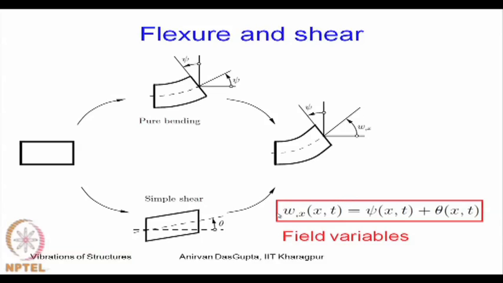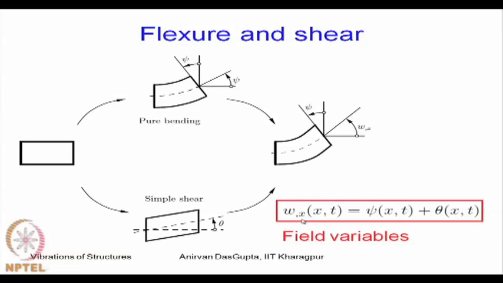So, we are representing the slope of the neutral fiber in terms of this flexure angle and the shear strain. We can consider our field variables when we represent the deflection of the beam. We can use any two of them.